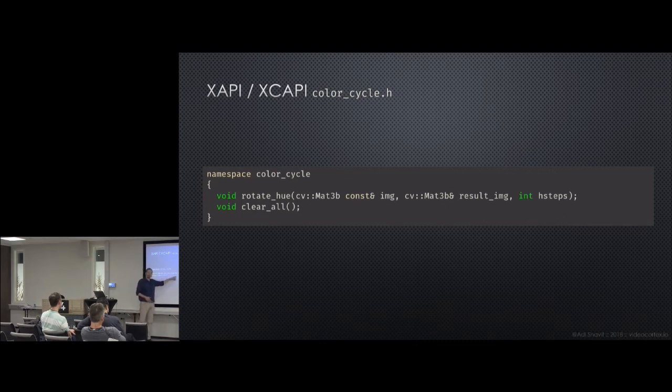It takes a 3-channel 8-bit image, returns another image with colors that had this color cycling rotated, and it has a third variable which sets the speed of the rotation. So the larger the value, the faster the color change is going to happen. And some memory related function.